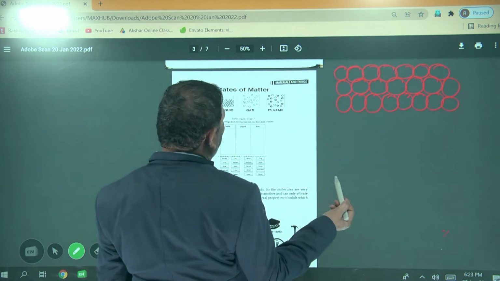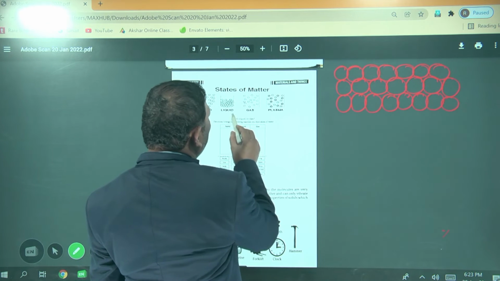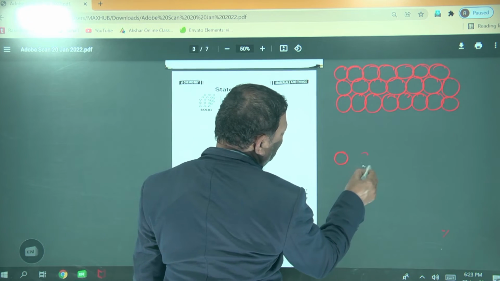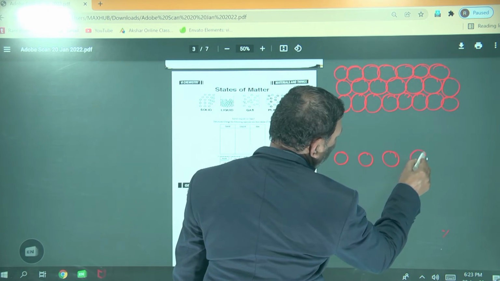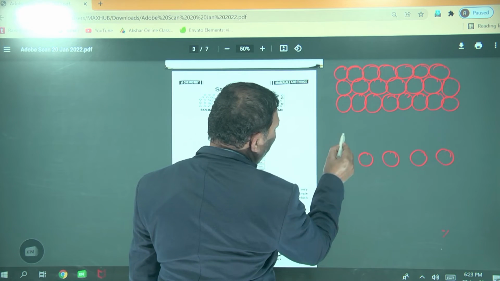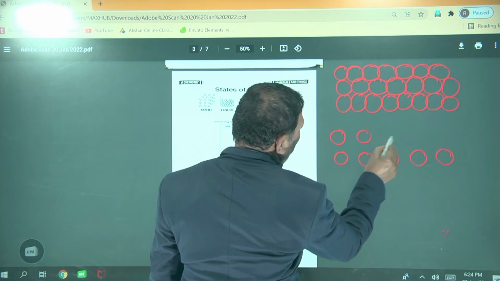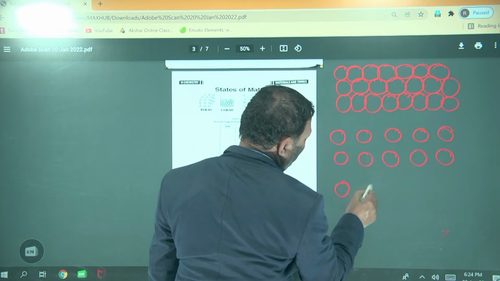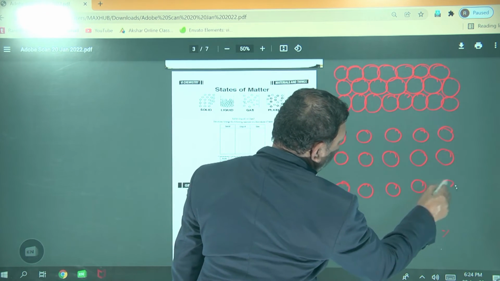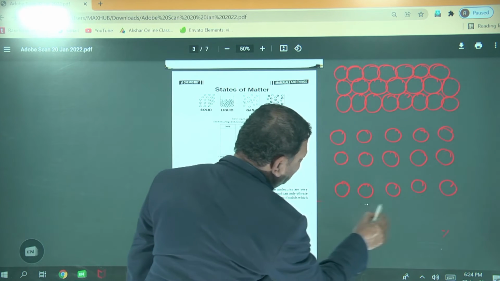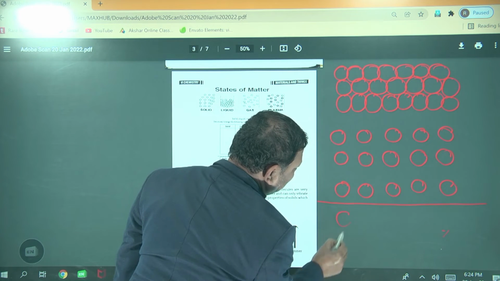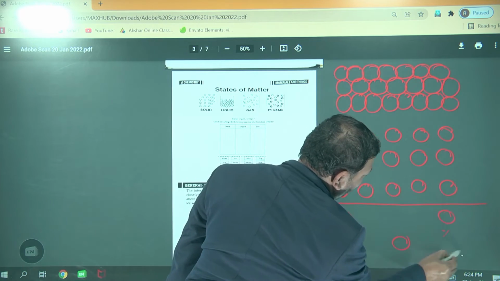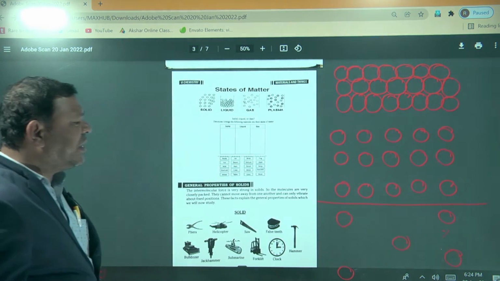If you look at the liquids, like so. If you look at the gases, the arrangement is like so.